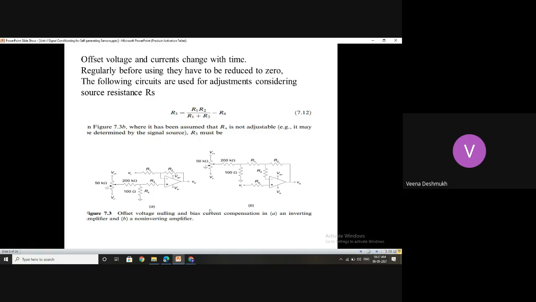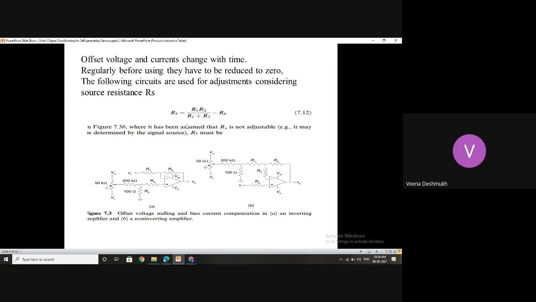So offset voltage and currents change with time. Regularly before using, they have to be reduced to zero. The following circuits are used for adjustments, considering source resistance Rs. So how do we adjust these? We understood the importance of adjustment and why they vary, but now how to adjust them?